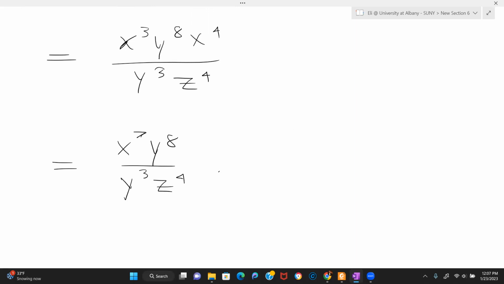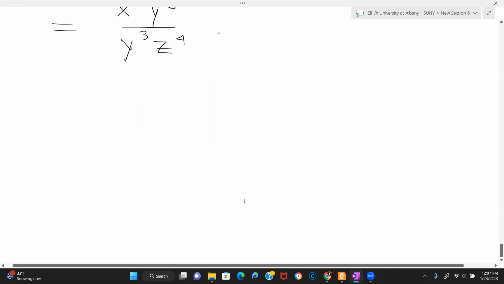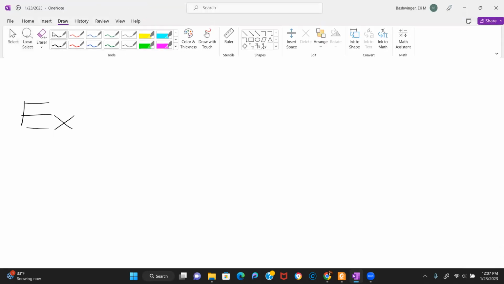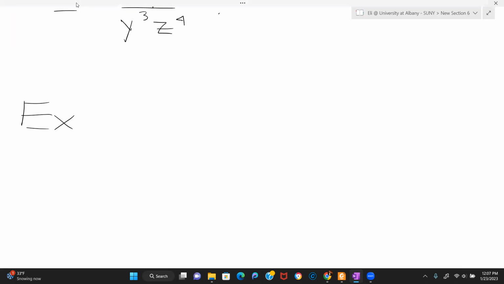All right. Let's look at another example. This is an example with negative exponents. Okay, so let me make a little observation about negative exponents first. That's not hard to prove.